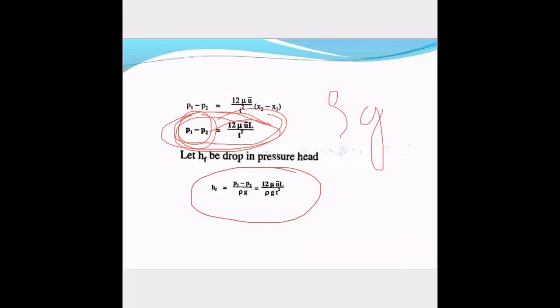So this is the equation of drop of pressure head along any length in case of laminar flow. Rho is the density of the water and g is the acceleration due to gravity. Is this clear to you?